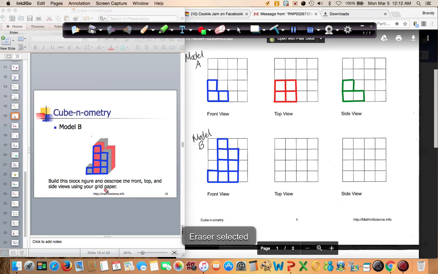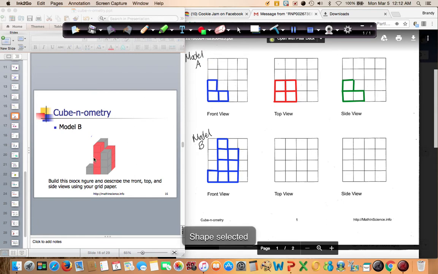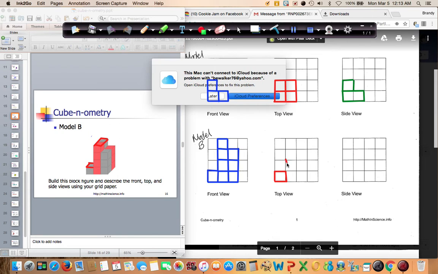Okay, so now let's look at our top view. Our top view, I noticed this one little guy is by himself. If I'm looking from the top, I see this guy right here, this block, and then I see 2 more blocks coming out here. So I need 2 more blocks here.